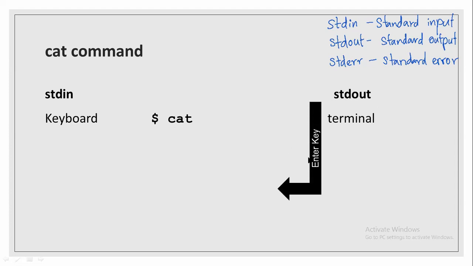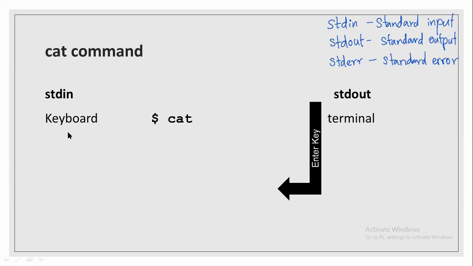When you type anything using this cat command, then you have to press enter to see whatever the content, right? To execute this cat command, the enter key should be used.